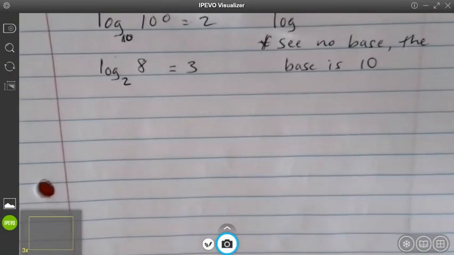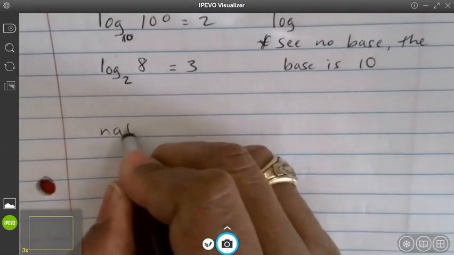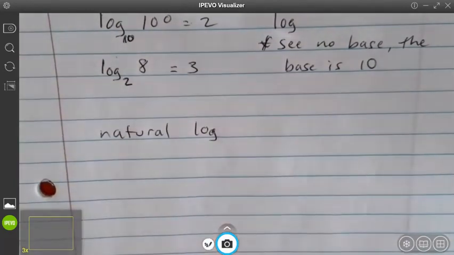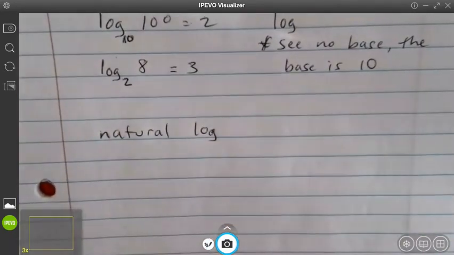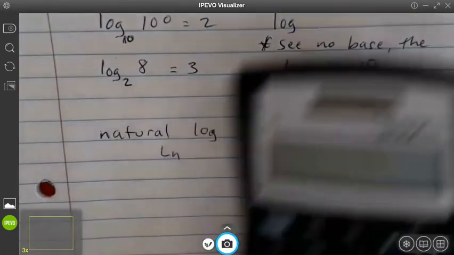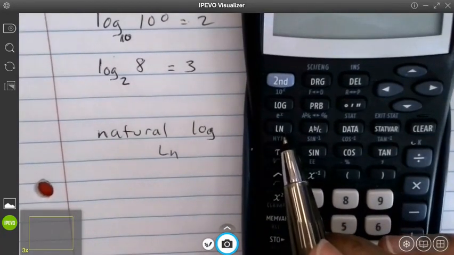Now natural logs. When we said log, when you see no base, it's base 10. Natural log is another log, and the symbol for natural log is ln. You can see that also on your calculator. The ln means natural log.